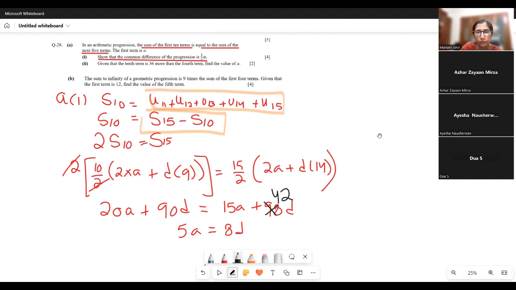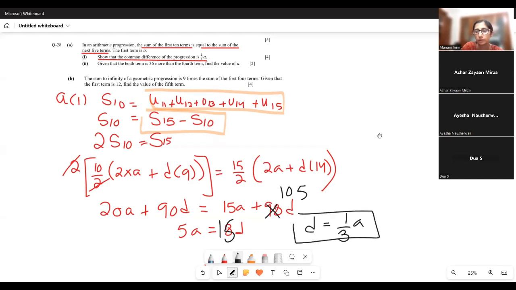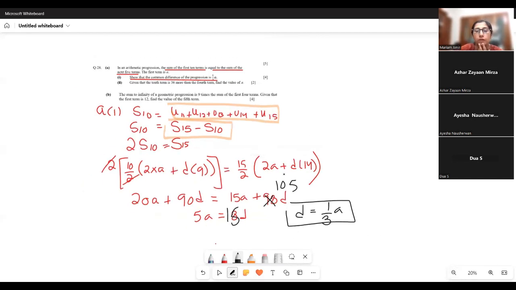Getting 42, 15 divided by 2 into 14, 105. So then we do get 15 here. Plus. And then we get D equals 1/3 of A, and that is what we were supposed to get. Okay, so that's how you do part 1.